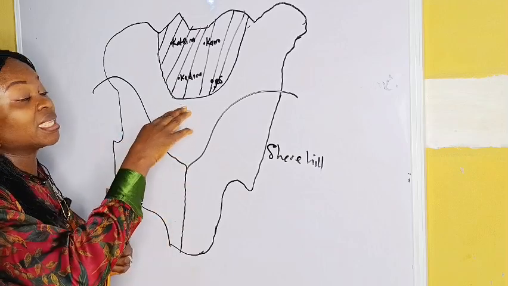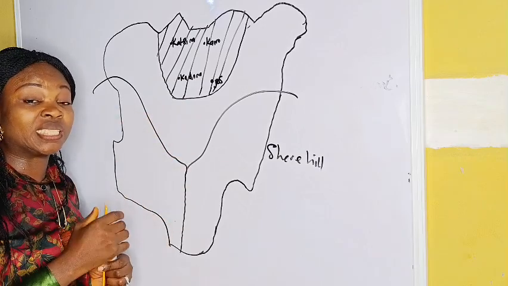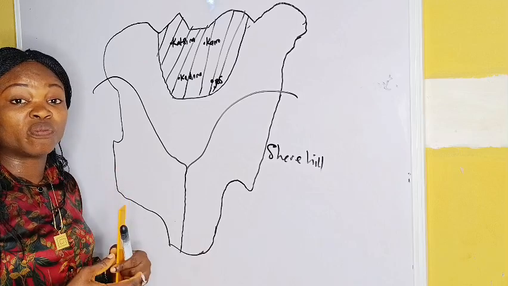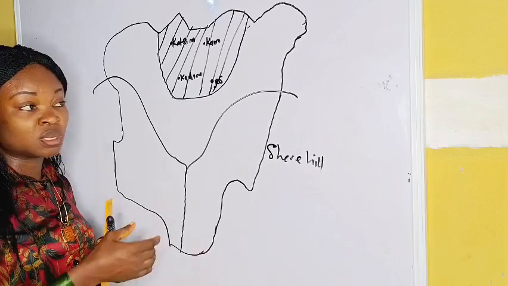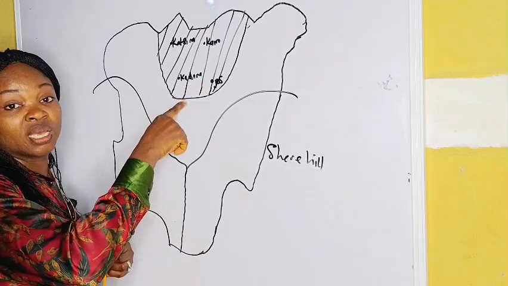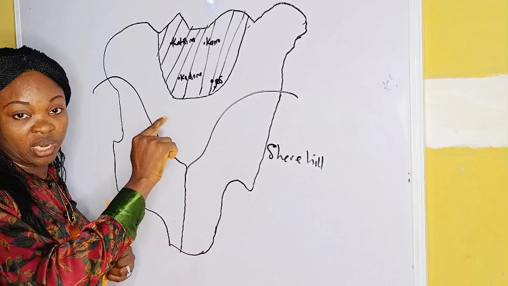It is made up of basement complex rocks, which means a combination of igneous rocks and metamorphic rocks. The soil type in this region is sandy soil.